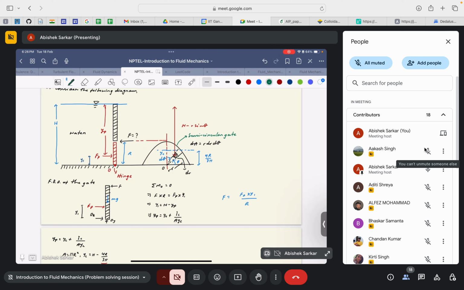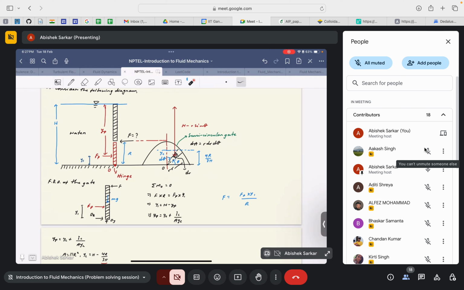Okay, so I think it is more clear now. The center of gravity of a semicircular plane is at a distance of 4r by 3 pi from its base. Again, it's a geometrical concept, and you will see that there will be quite a few times when you have to go back to your basic geometry understandings and find the center of gravity of some particular shapes.